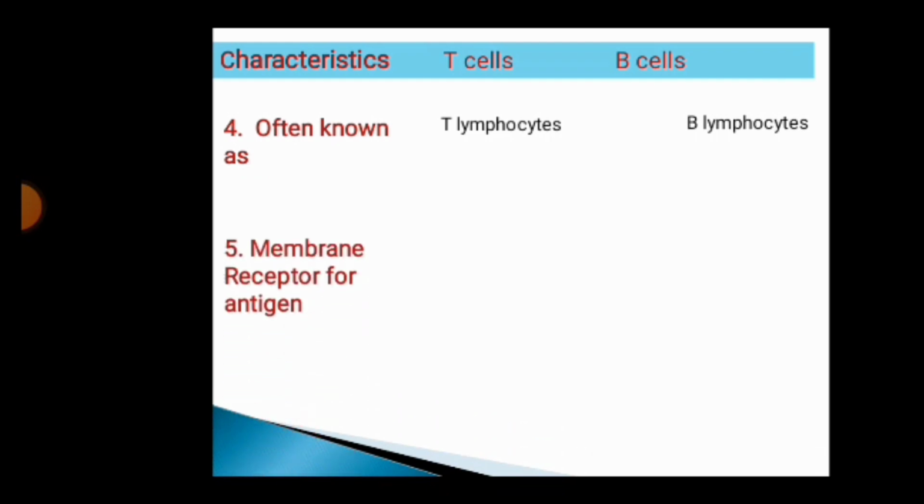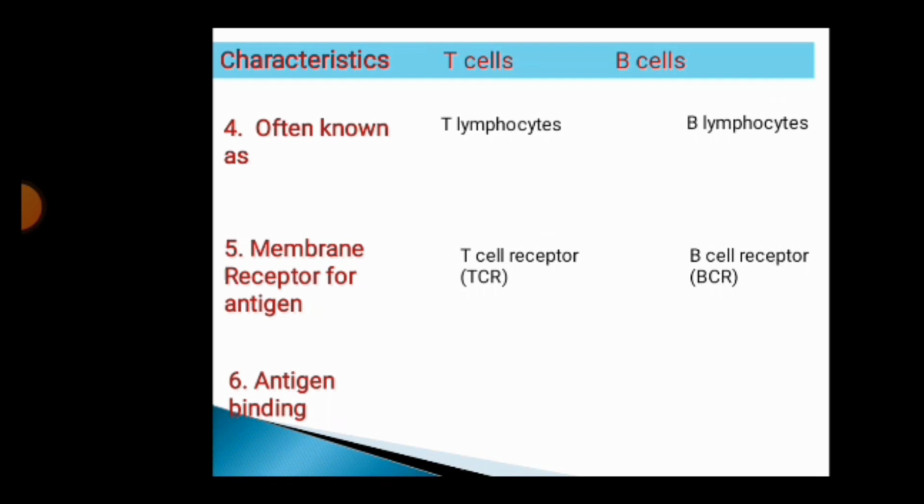Number 5 is the membrane receptor for the antigen. Now, what is the membrane receptor for antigen in case of T cells? In case of T cells, the membrane receptor for antigen is the T cell receptor, that is the TCR. Whereas the membrane receptor for antigen in case of B cells is known as the BCR, or the B cell receptor.